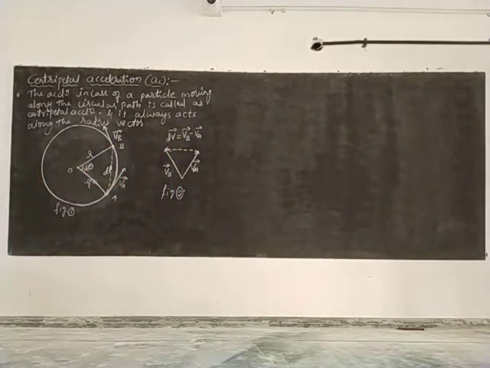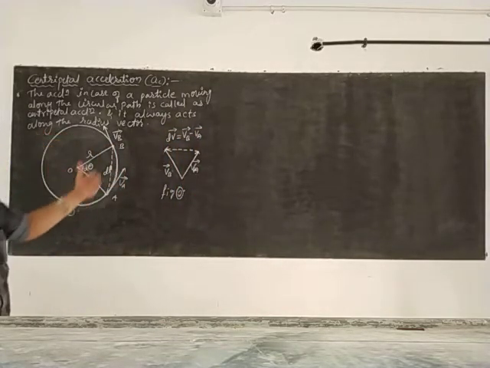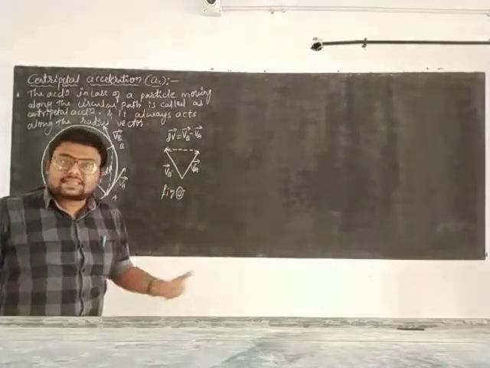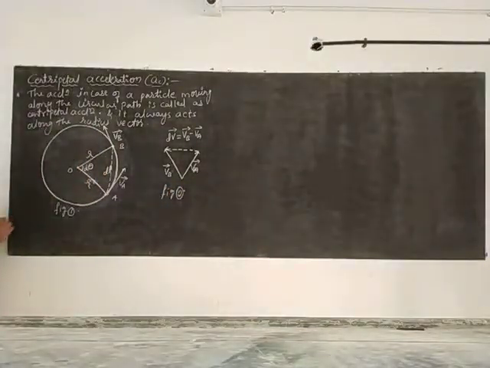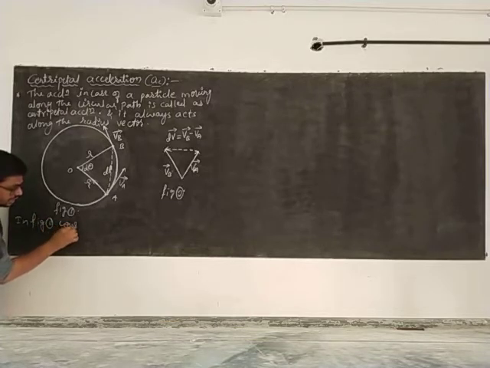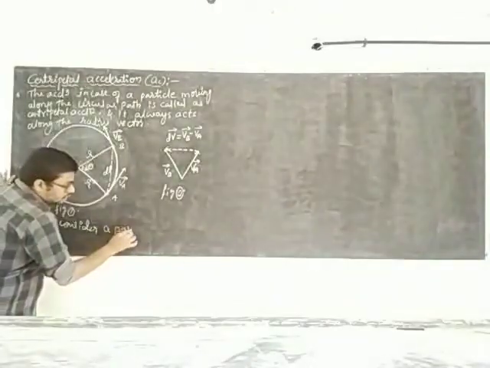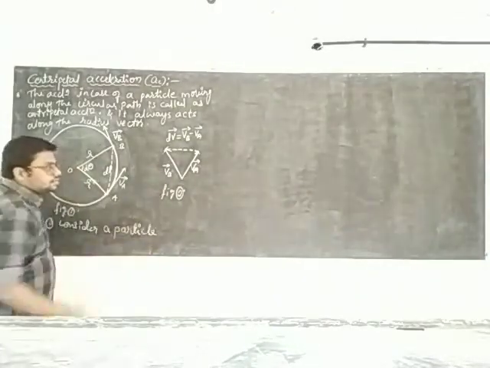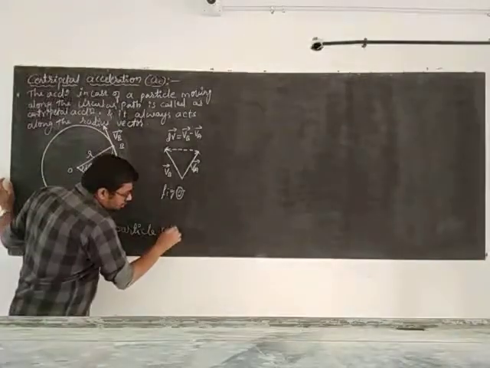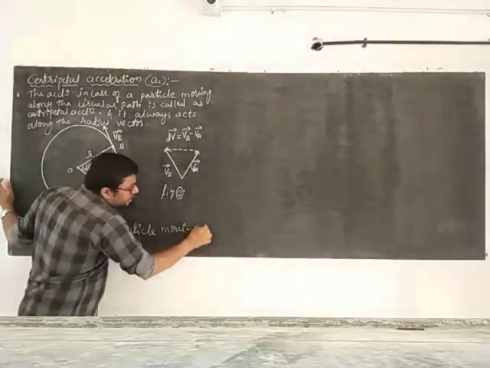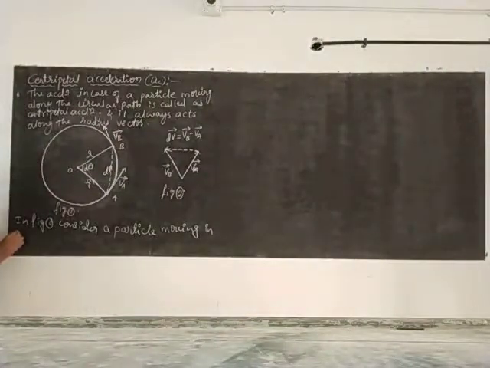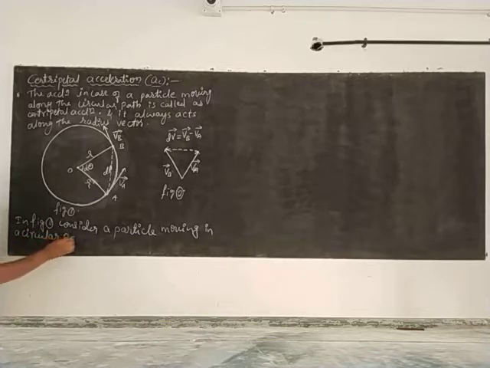Figure 2. So whatever you have explained in figure 1 and 2, I need to write it as a description. So here, in figure 1, consider a particle moving in a circular path.